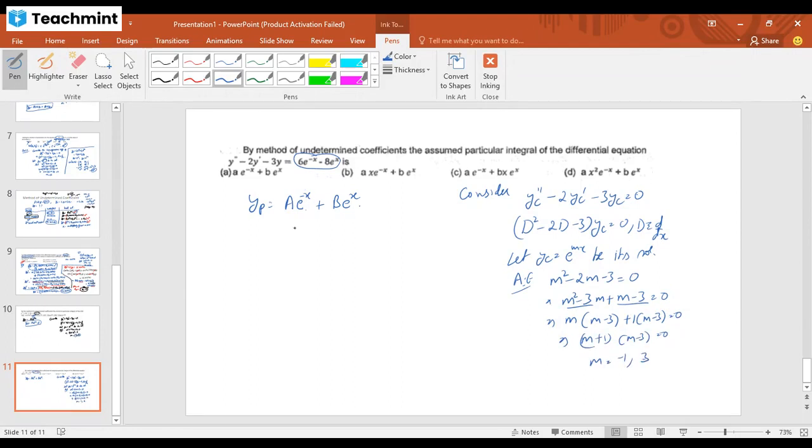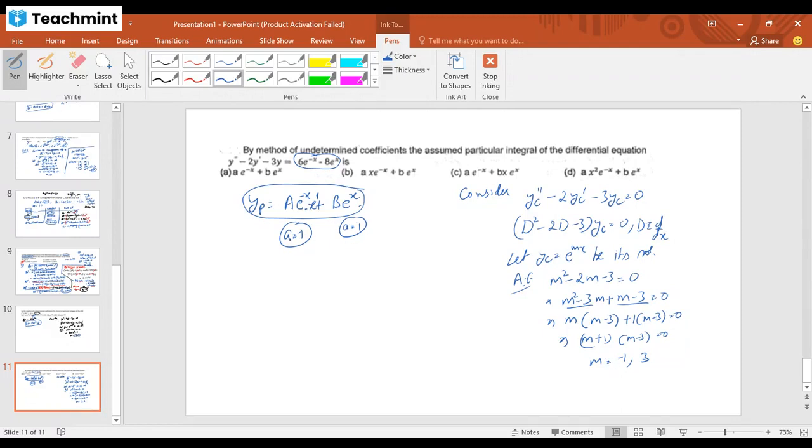So what is a here? Here a is minus 1, and what is a here? Here a is 1. So 1 is not a root, minus 1 is a root. How many times? One time. So it means that we are going to multiply it with x power 1, but the other function is retained as it is because a equal to 1 is not a root of the auxiliary equation.